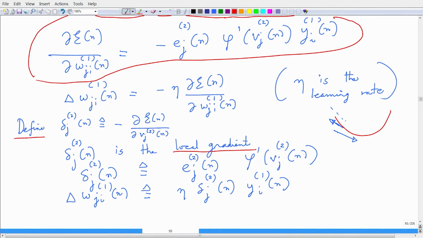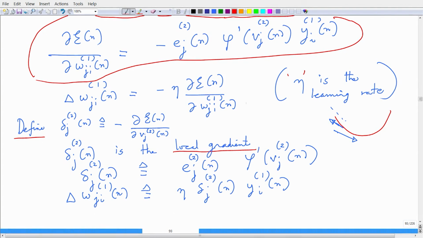Now, delta Wji should be proportional to the error gradient with respect to the synaptic weight, and therefore, if we introduce a learning rate eta, which we can assume to be constant throughout the algorithm, then this is going to be minus eta times the derivative of the instantaneous energy with respect to the synaptic weight connecting the jth neuron to the ith neuron in the hidden layer.